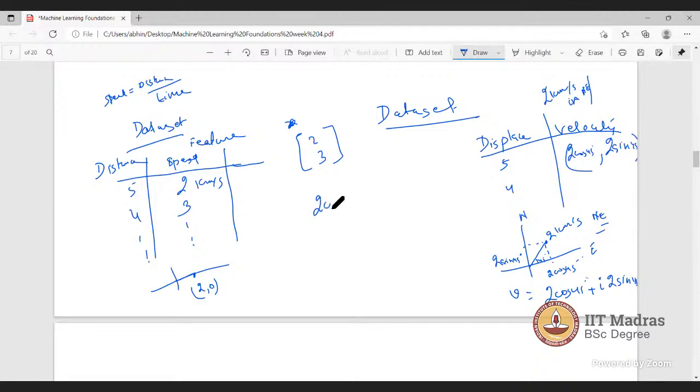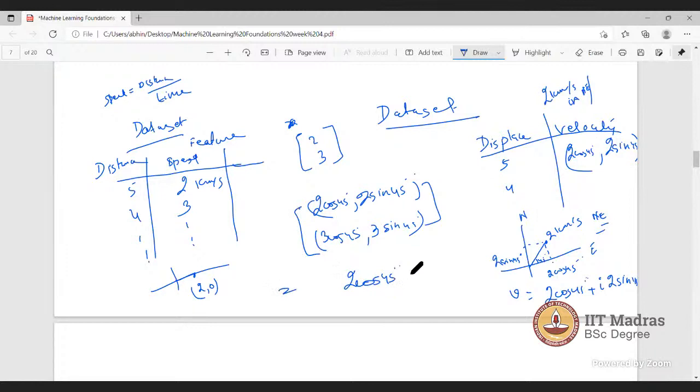I will write 2 cos 45, 2 sin 45, and similarly for the next case, 3 cos 45, 3 sin 45. These two are a single unit. Or you can write 2 cos 45 plus i 2 sin 45 and 3 cos 45 plus i 3 sin 45. Got it?